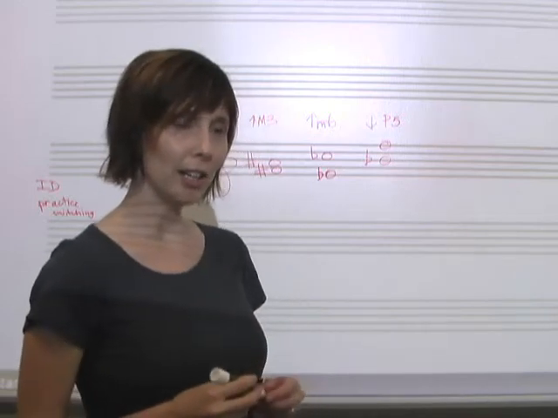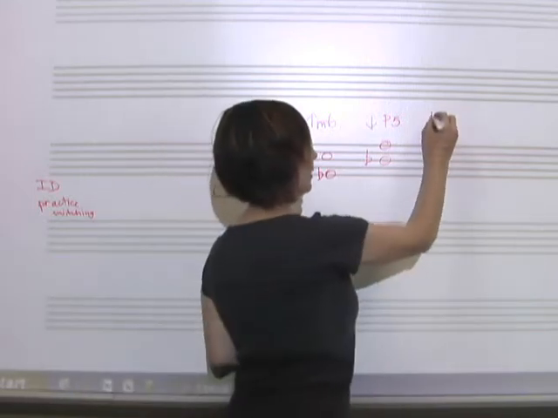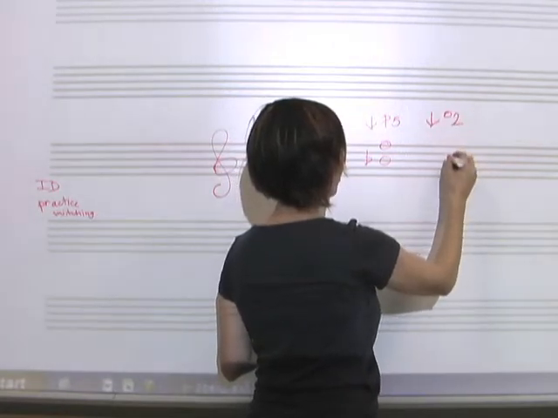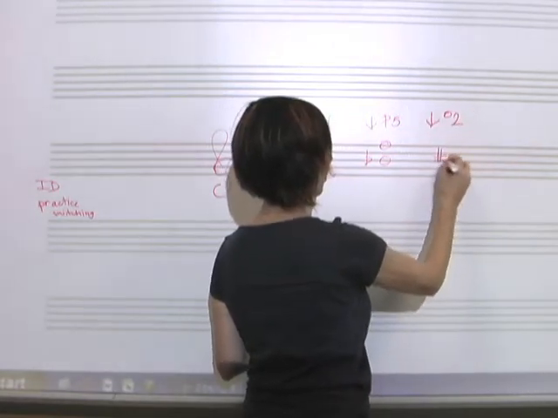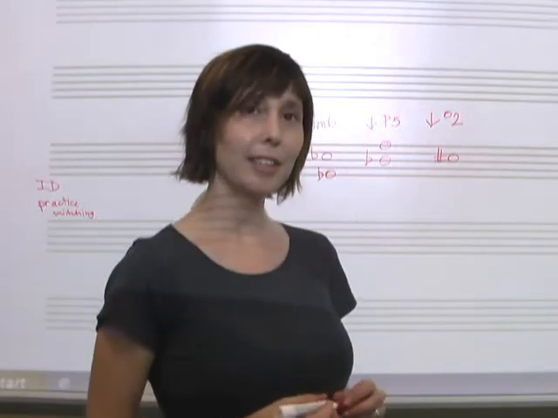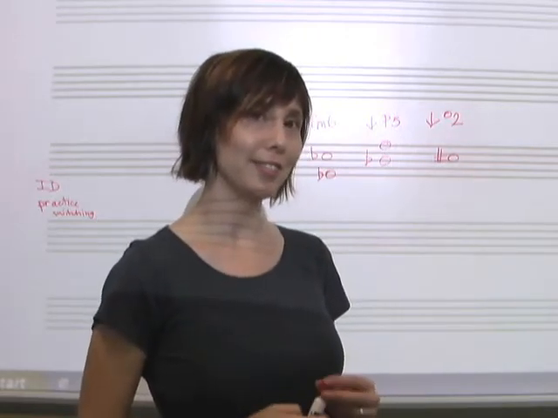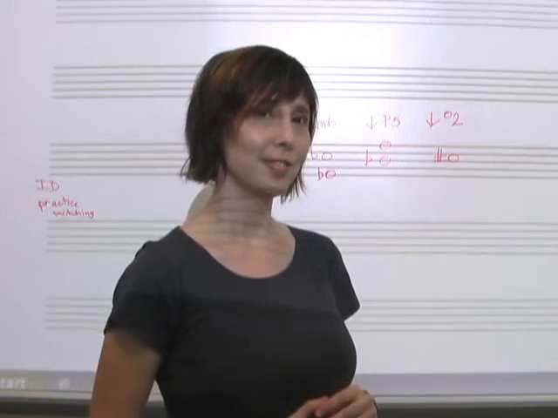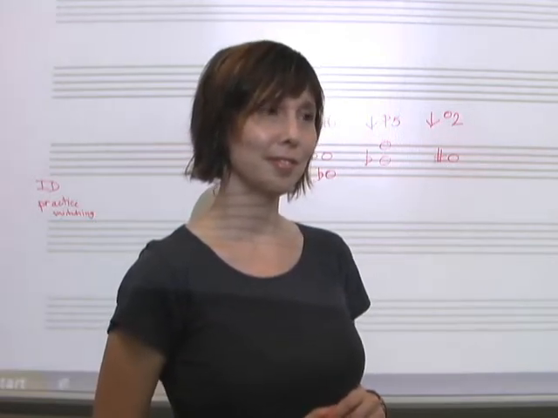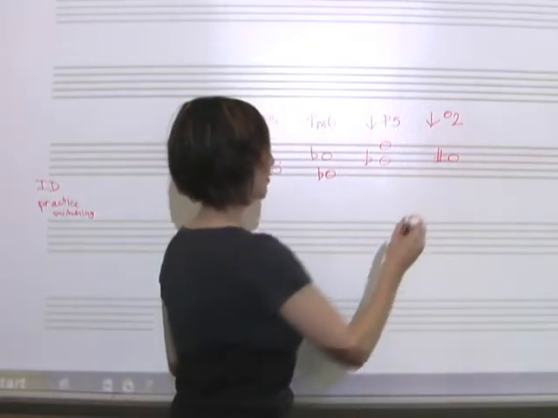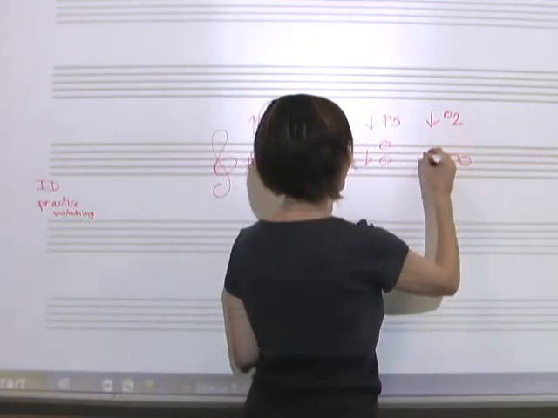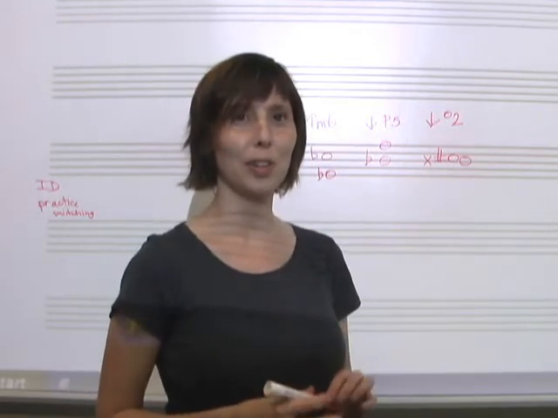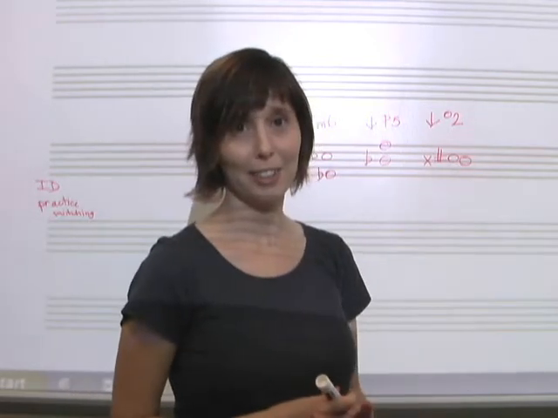Now let's try a descending diminished second. Hopefully you got a B double sharp. That one was pretty tricky.